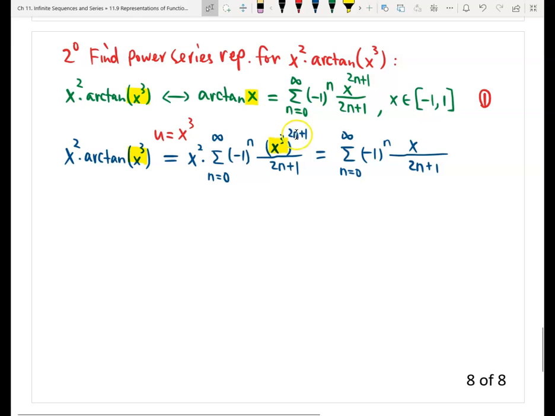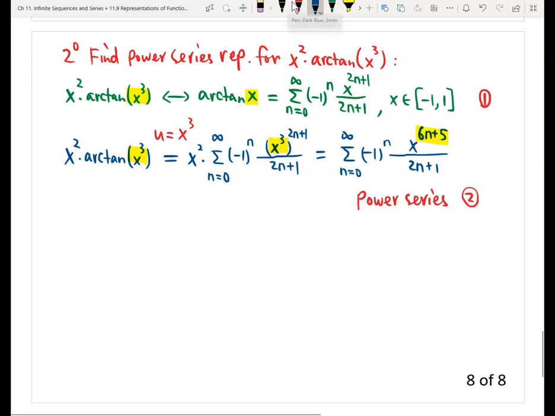So finally we have 6n plus 5. Let me highlight this one. Therefore, this is the power series, exactly what we need. Let me call this 2. That's the one we need, right?